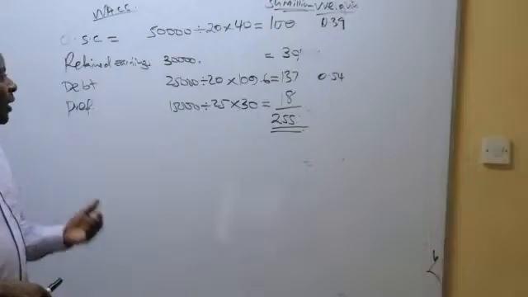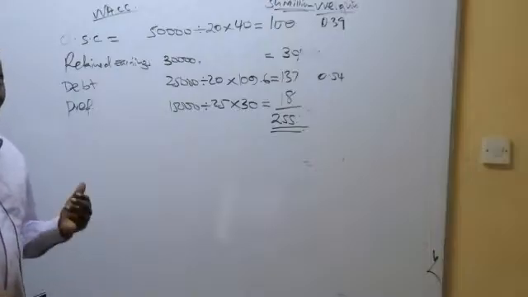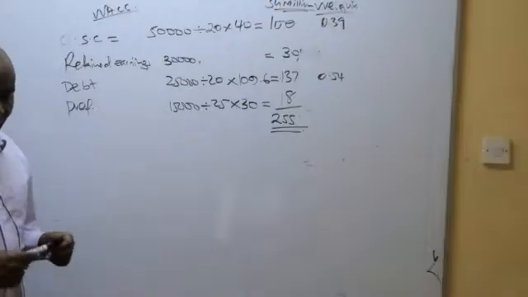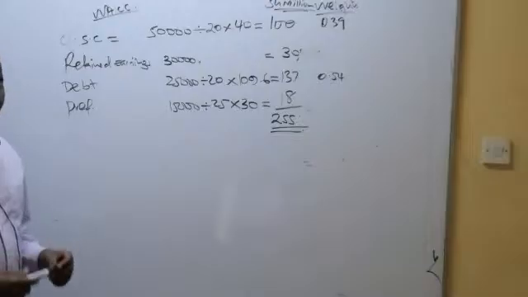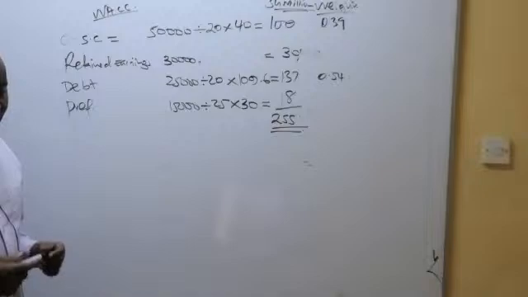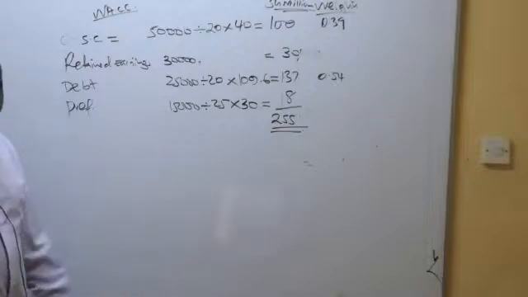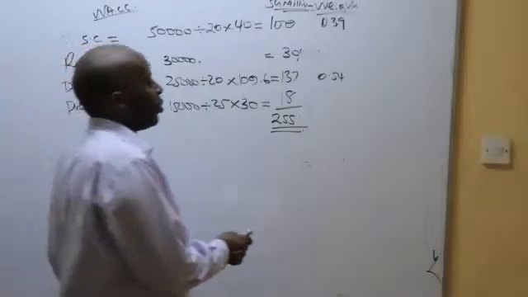So I'm now waiting for you guys to give me a figure for retained earnings and a figure for preference. So preference, I'm being given 0.07.